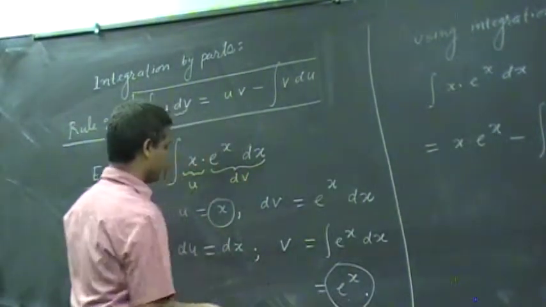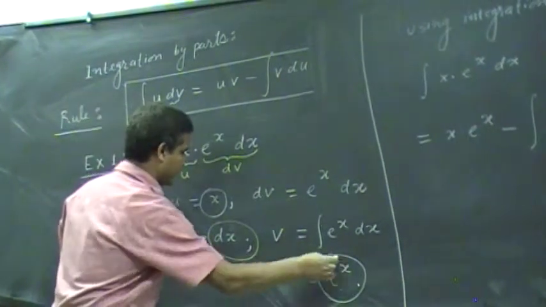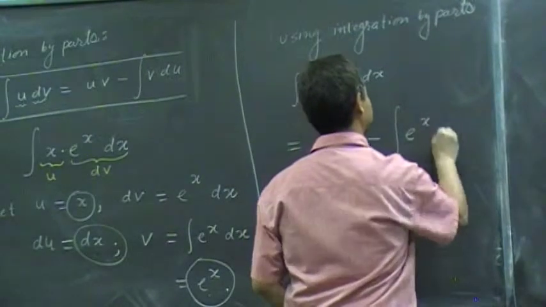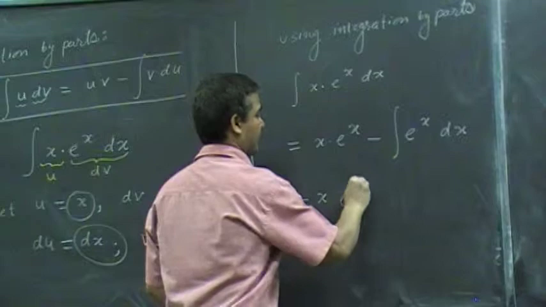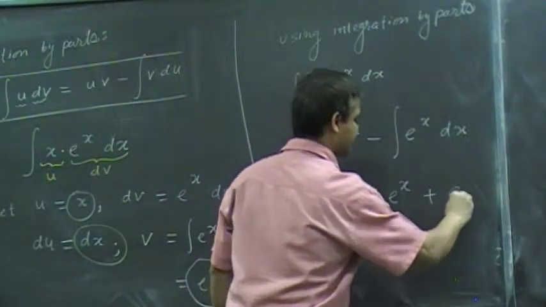This is v, and du is dx, so e to the x dx. So x e to the x minus the integral of e to the x, which is e to the x, plus the constant of integration.